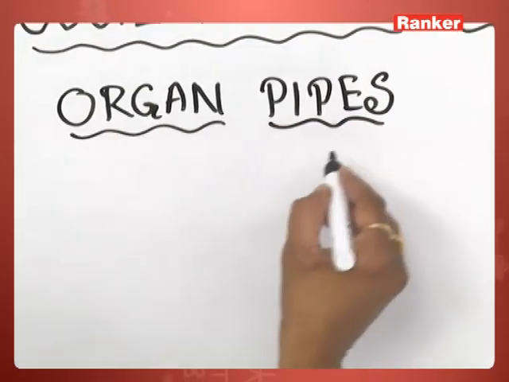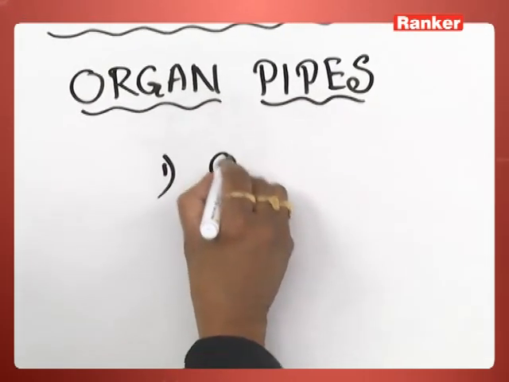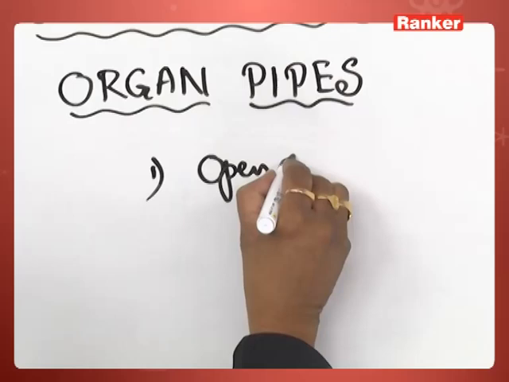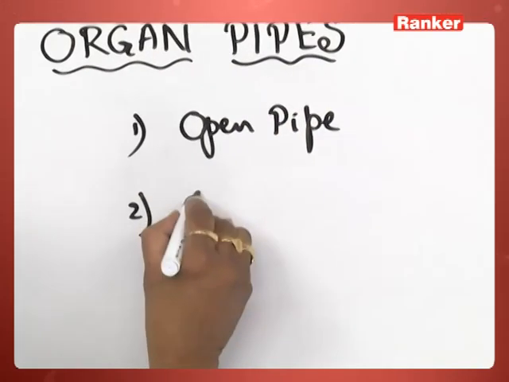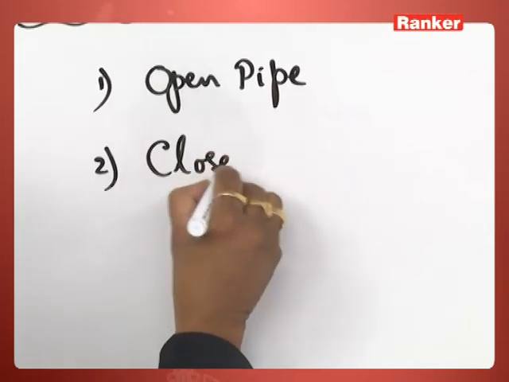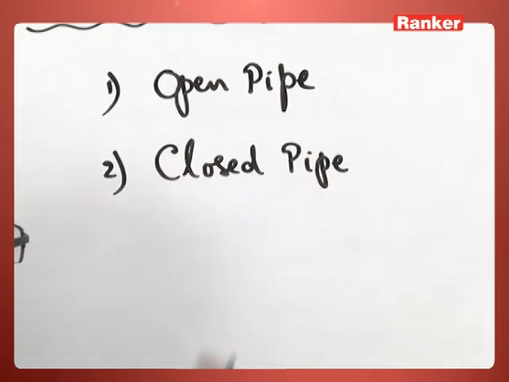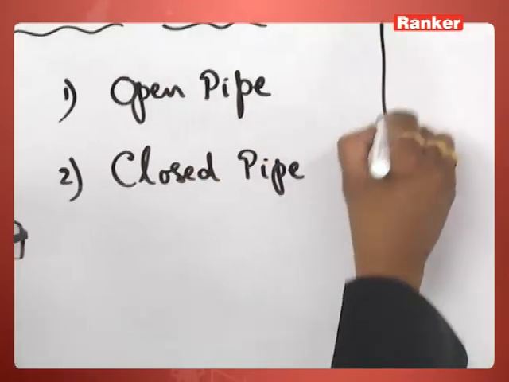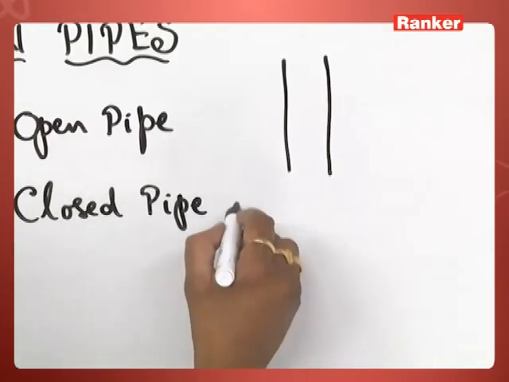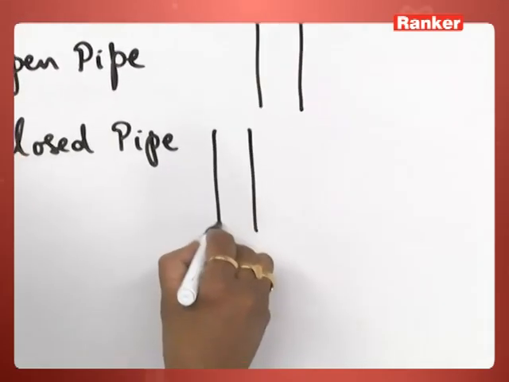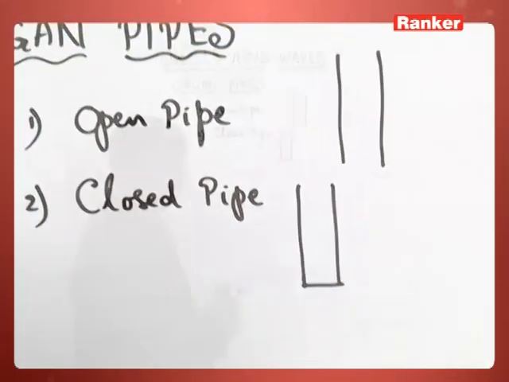When we take organ pipes, one is an open pipe, and the second one is a closed pipe. In fact, open pipe means both sides should be open, whereas a closed pipe means one side is closed and the other side is open.